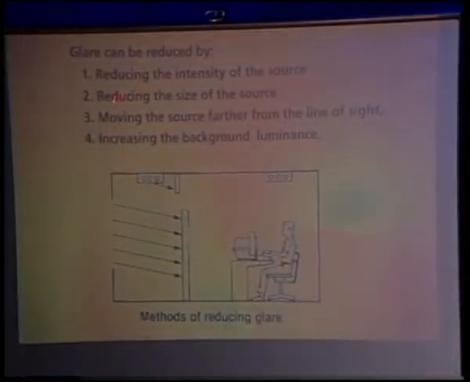So the solutions to dealing with this situation are, first, reducing the intensity of the light, and I recommend that you have fader switches installed on your lighting system so that you can vary the intensity of the light. Reducing the size, if you don't have overhead lighting, you can reduce the size of the lamps you use.